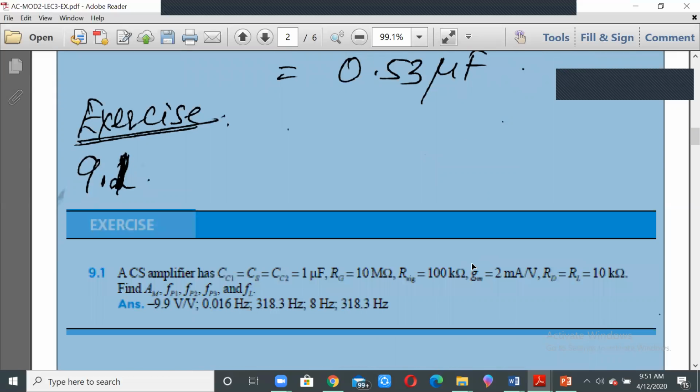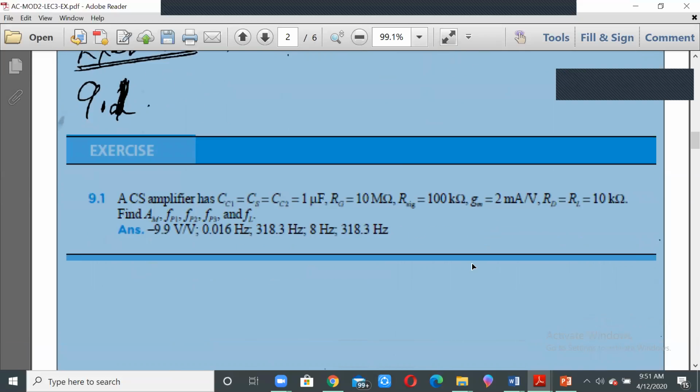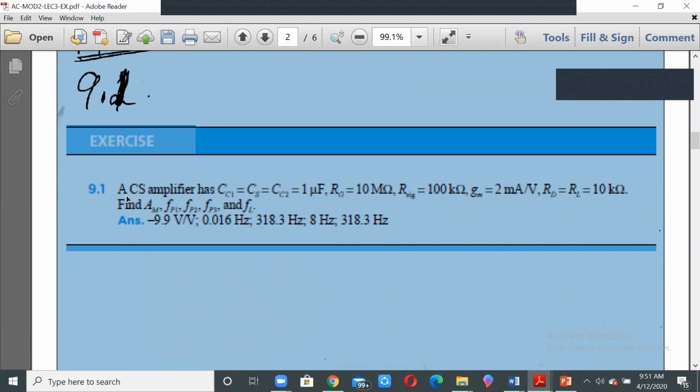Now we'll go to exercise 9.1, which says a CS amplifier has the values of CC1, CS, and CC2 as 1 microfarad, and RG as 10 megohms, Rsig as 100 kilo ohms, gm as 2 milliamperes per volt, RD and RL both of them 10 kilo ohms. We need to find Am, fP1, fP2, fP3, and fL.